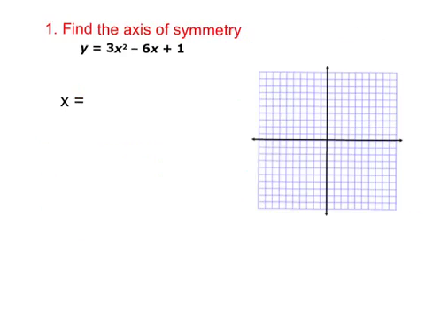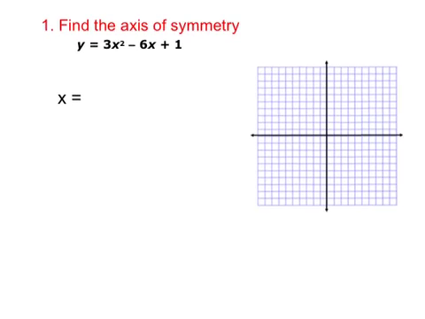The first thing we need to do in order to graph these is find our axis of symmetry. If we remember, the line of symmetry can be found by using the opposite of b over 2a. That's the only thing we need to do. If we plug in these values, a is equal to 3, the first number there, and b is equal to negative 6, because this is minus 6x, which is really negative 6x.